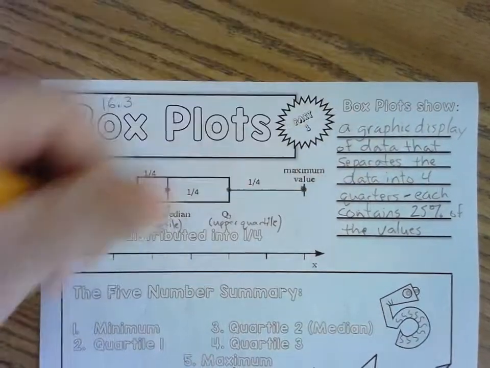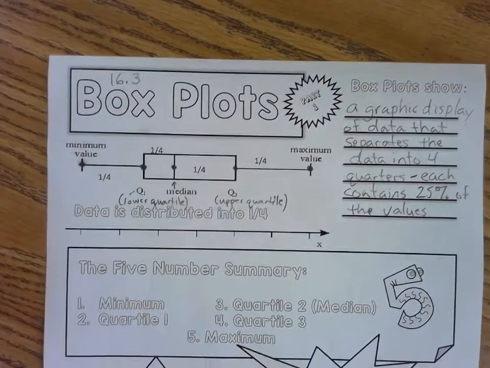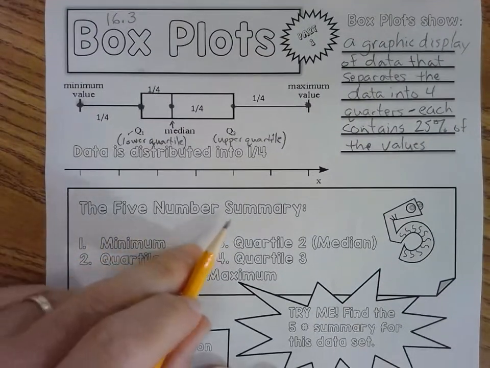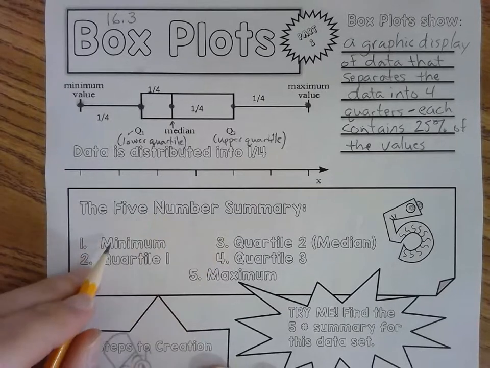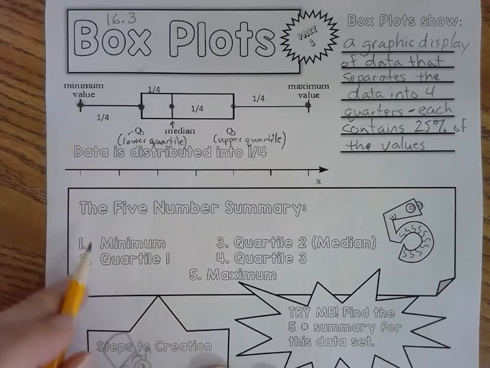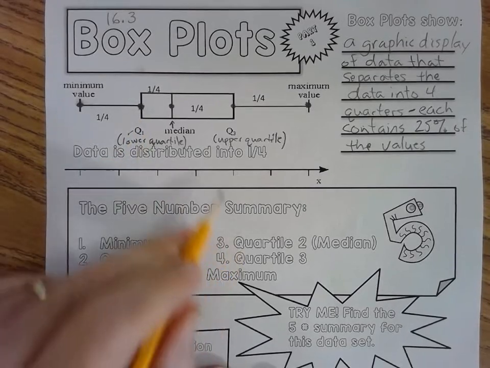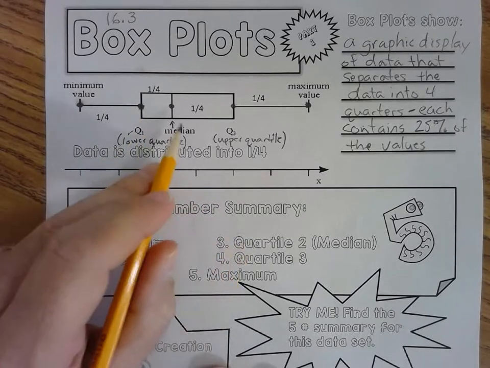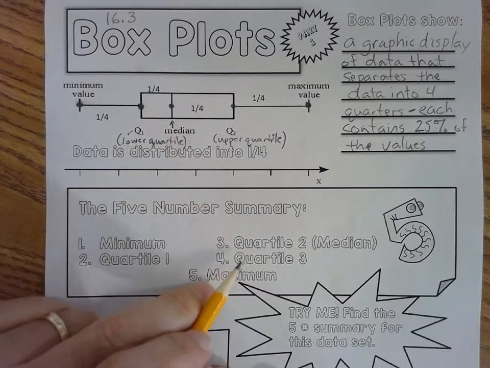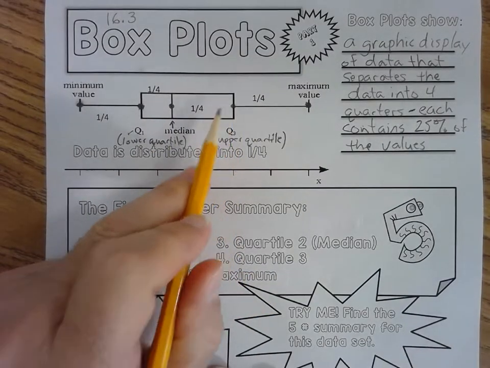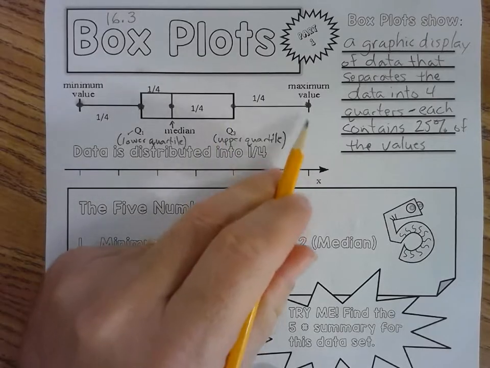All right. So basically, for your box plot, the 5-number summary, you need your minimum value, you need quartile 1, you're going to need quartile 2, which is your median, and then you're going to have quartile 3, which is your upper quartile, and your maximum value.